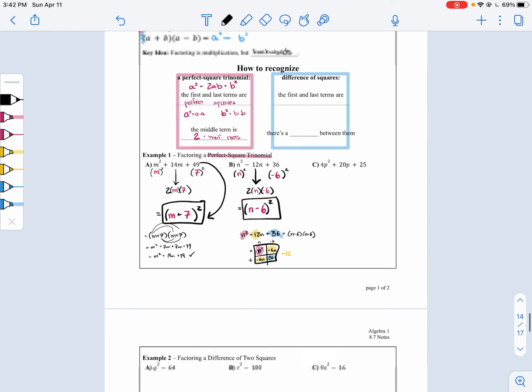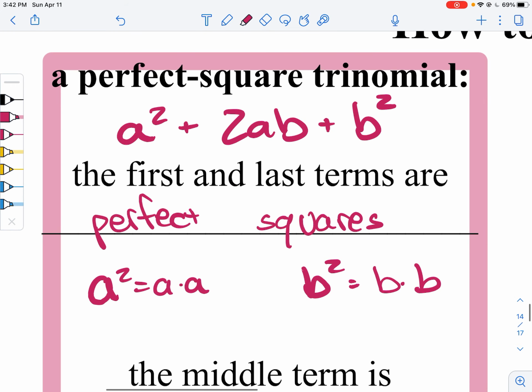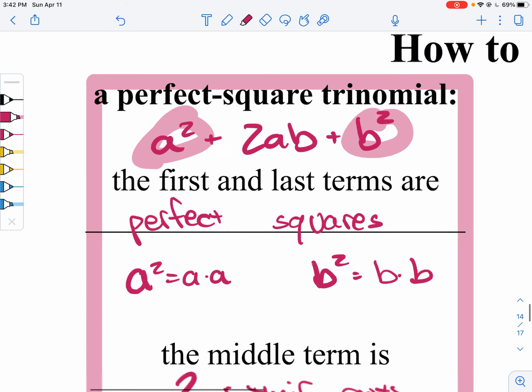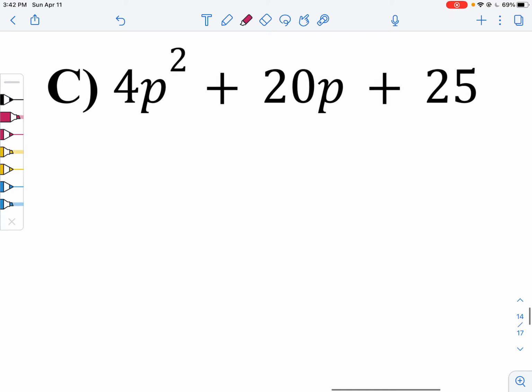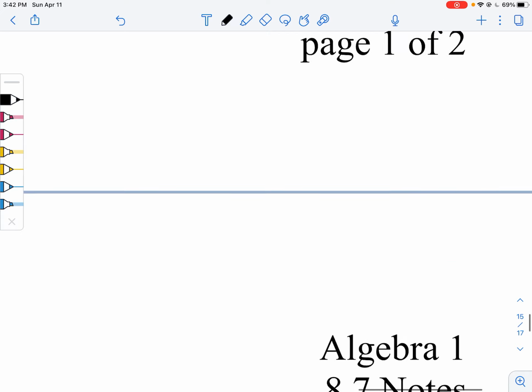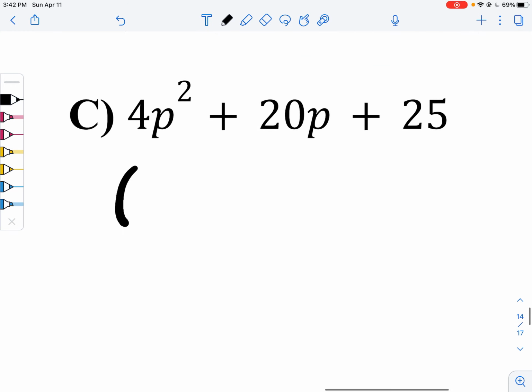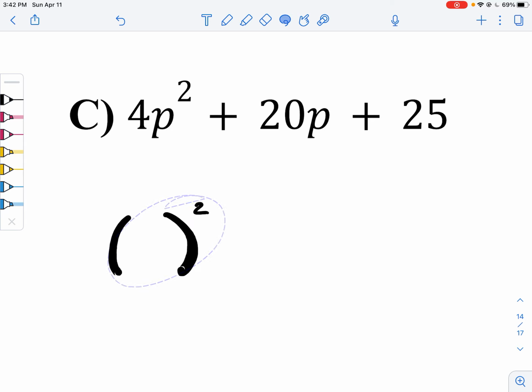Now be careful, because your perfect squares on front and back might be a little bit hard to find, but that's okay. Because check it out, 4p squared, that's kind of complicated. But that's still equal to something squared, because I'm going to do a little baby step in between.